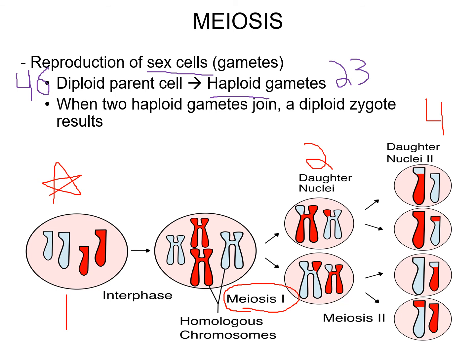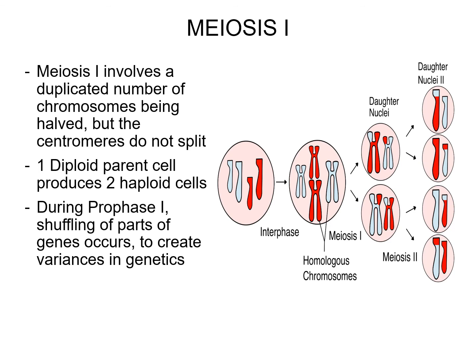So let's go on to the next slide and talk about meiosis 1 and how this differs just slightly from mitosis. With meiosis 1, we go through PMAT. It's the same thing: prophase, metaphase, anaphase, telophase. But what's unique to meiosis is that during prophase 1, some genetic shuffling starts occurring.